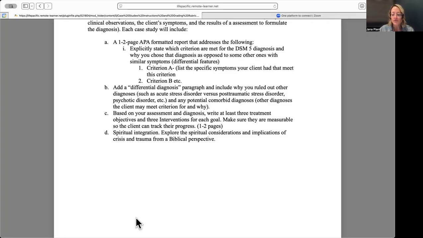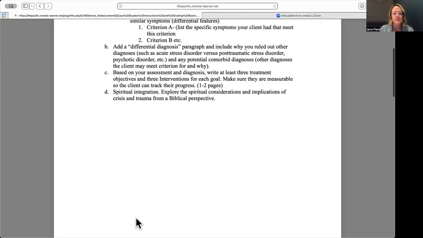One thing I want you guys to get in the habit of is to do additional research outside of the textbook to understand cultural and spiritual considerations. So if you have a Hispanic client who represents as Catholic, do some research on the cultural upbringing and spiritual considerations and how that might influence or impact their treatment, and how they might be responding to a crisis or traumatic incident.